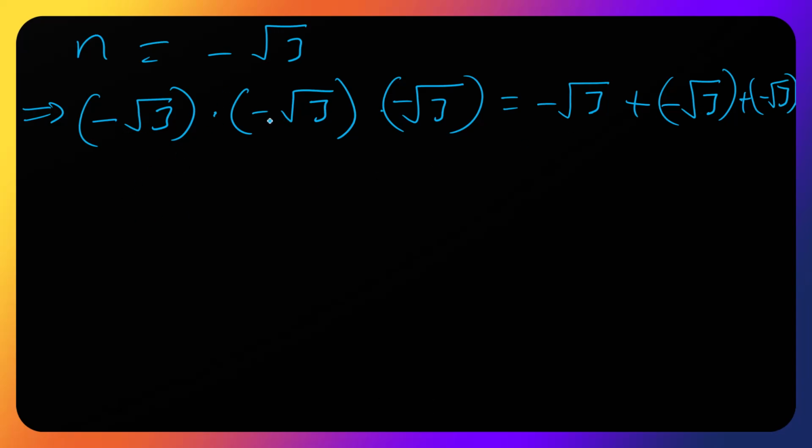So minus with plus minus, that will be minus 3 root 3. This side, minus 1 minus 1 minus 1, that will be minus 3 root 3.